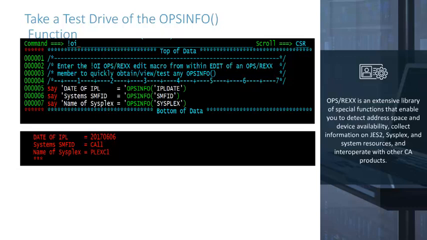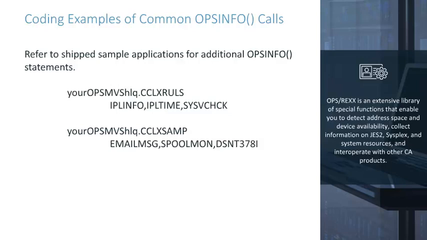Quickly execute this code as an OPSREX program by entering and typing !OI on the command line to invoke the OPSREX edit macro. Various sample OPSMVS AOF rules and OPSREX programs can be viewed for more OPSINFO coding examples, as well as provide you with a syntax template that can be copied as you create your OPSMVS automation, and if the logic warrants, utilizing this function.